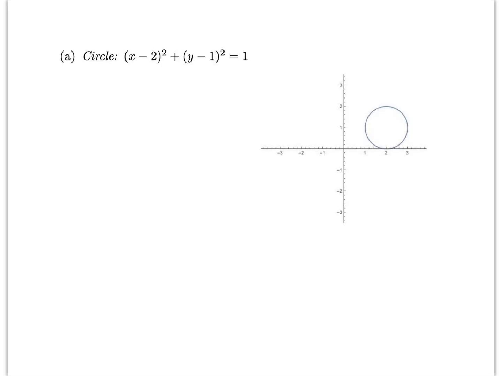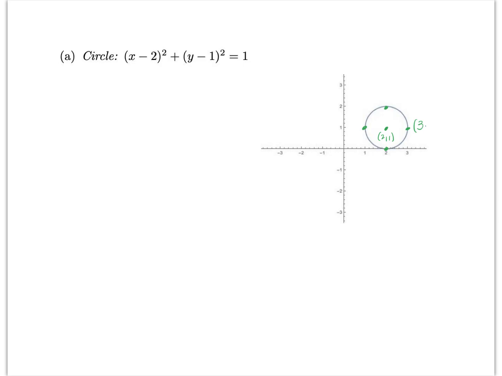So we'll start with this equation for a circle, (x − 2)² + (y − 1)² = 1. So this is a circle that has its center at (2, 1), which means I can find all of these points where the tangent lines are horizontal and vertical, because I know the center of the circle and I know its radius is 1.